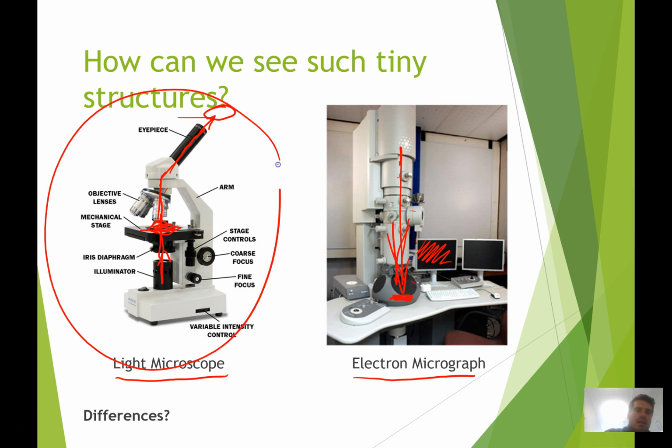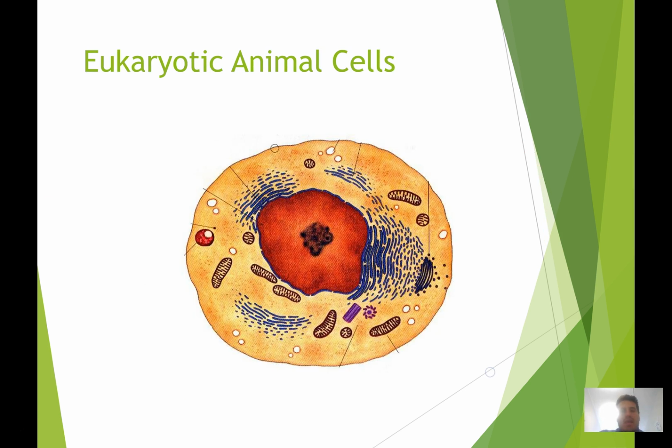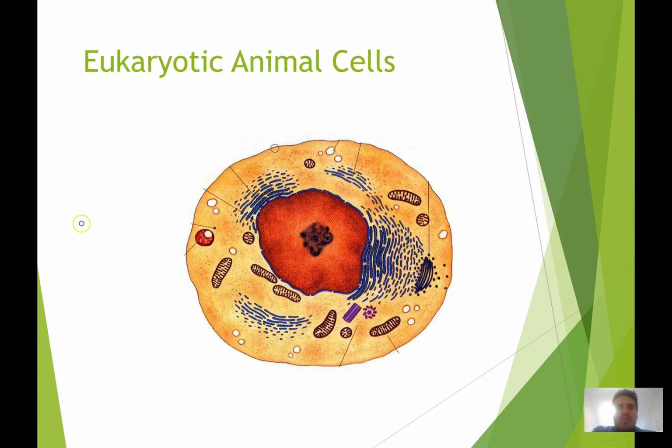We can get color out of the light microscope. We do not get color out of the electron micrograph, but we get maybe 400 times magnification with the light microscope. With the electron micrograph, we can actually see atoms, which is incredible, something we haven't heard of in past decades or so.